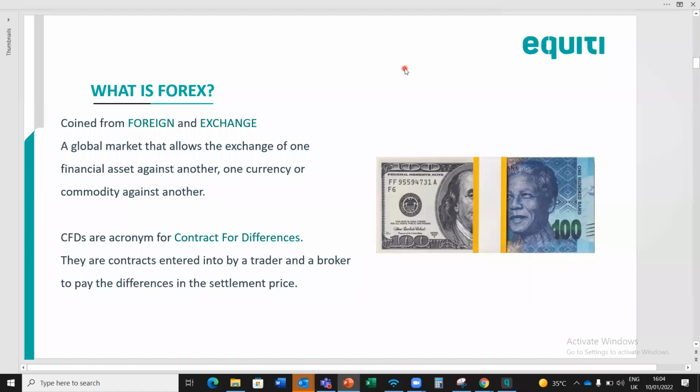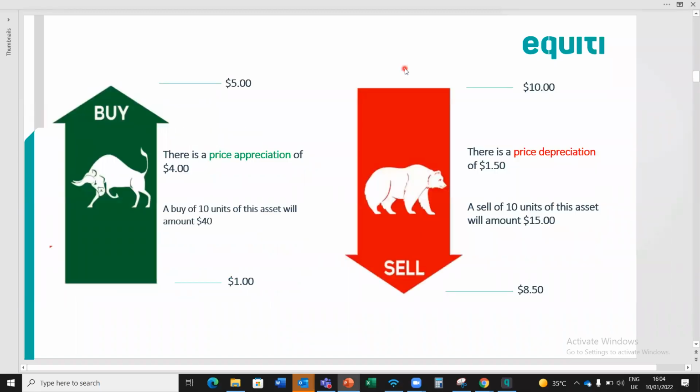Let's quickly run to the next slide and then we will explain it more. Now let's think of an asset, say gold. Gold is very widely used and popular. Now we have two scenarios.